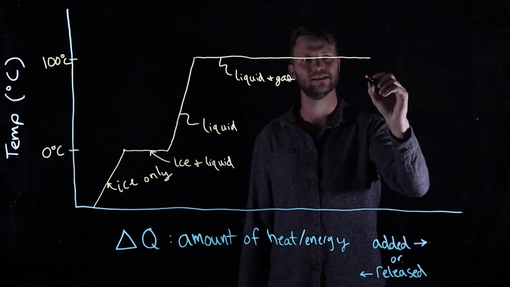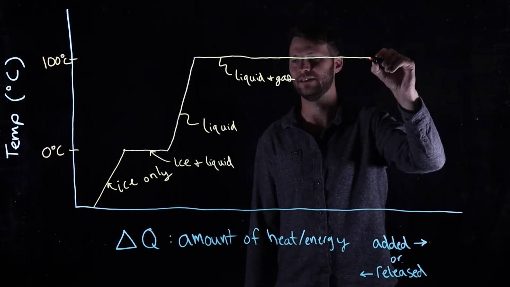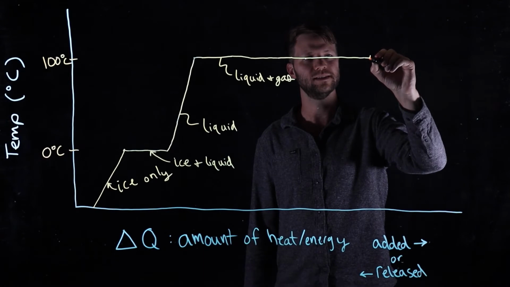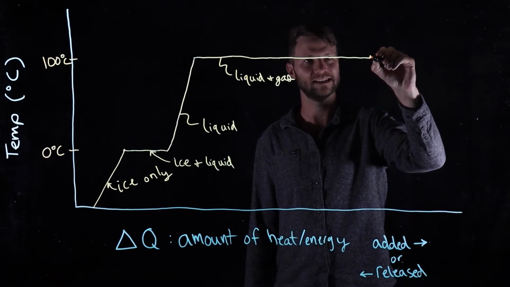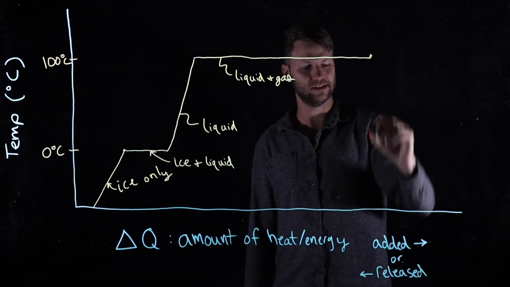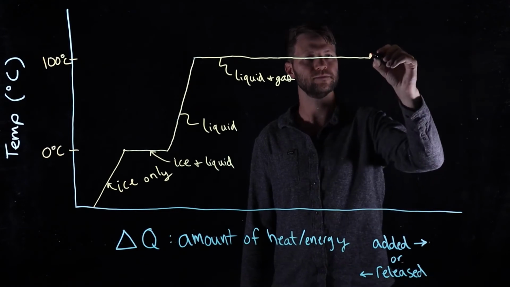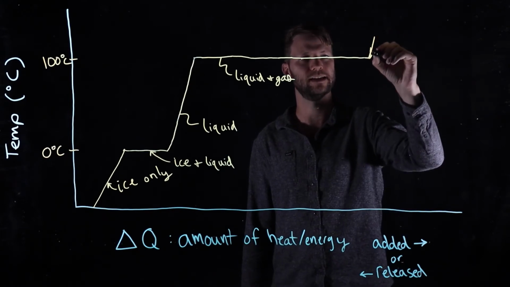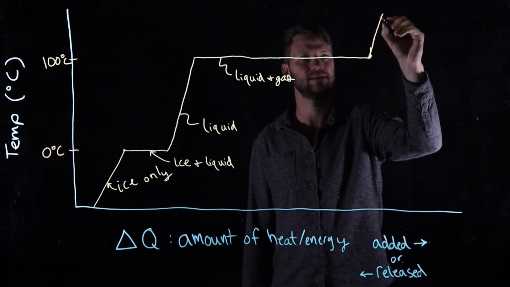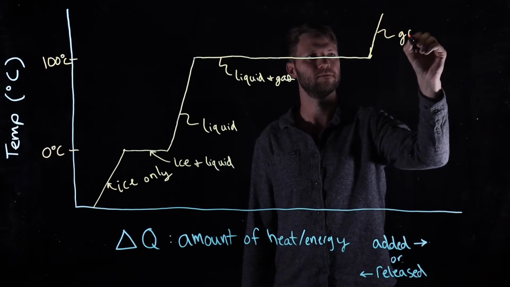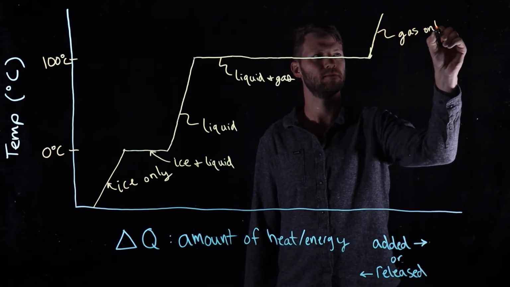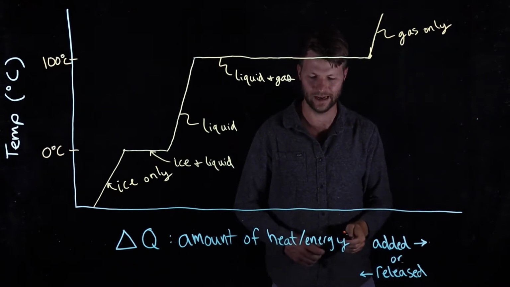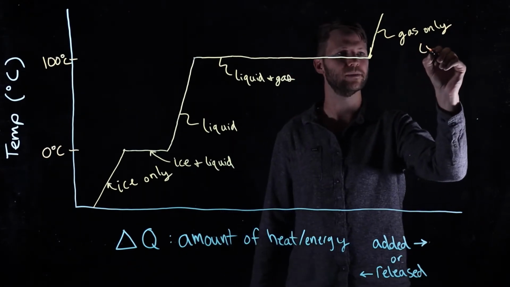Most of the water is in the gas phase, and we're finally getting rid of all of that liquid. Once it's all a gas of water vapor and we continue to add more heat, we're going to see the temperature again start to increase in the gas. And we're going to have gas only, or water vapor.